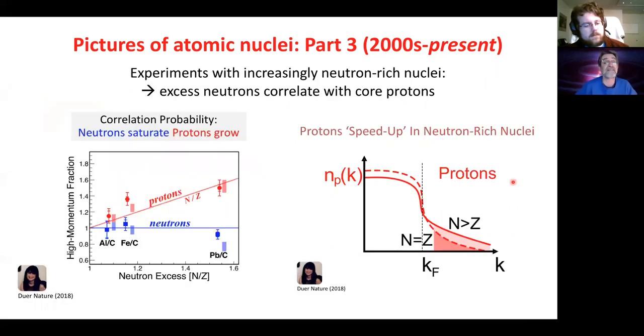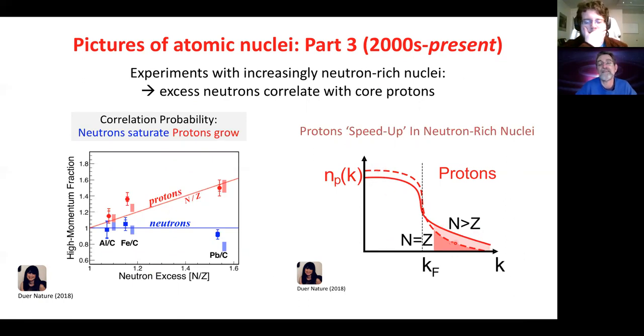They did other things, and they measured that if they changed how many neutrons there were compared to protons, so carbon has an equal number of neutrons and protons, lead has about 50% more neutrons than protons, that in fact, if you just think about it, you'd expect that the neutrons would go faster because they're fermions and therefore they would pile up more.